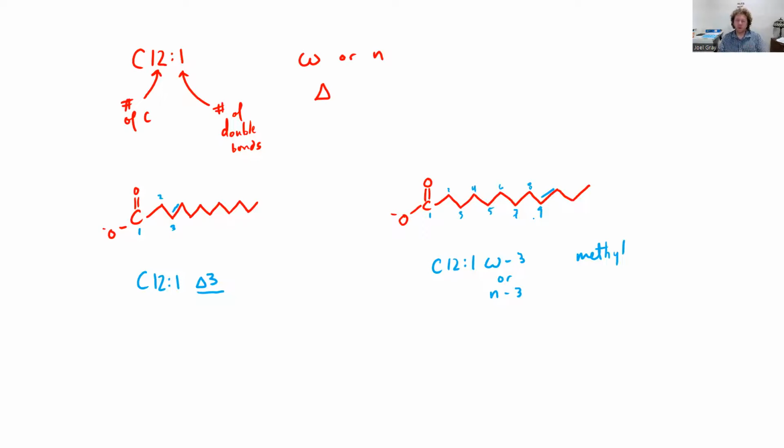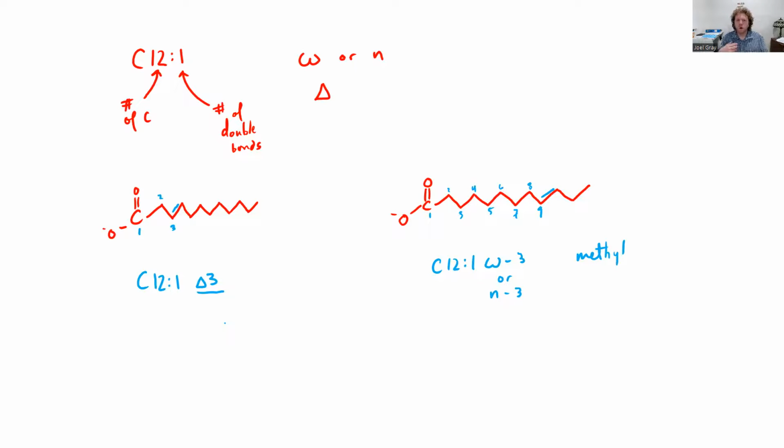So your double bond in an omega-3 fatty acid, or C12 colon 1 omega-3 fatty acid, has a double bond between carbons number 9 and 10. Whereas the delta numbering system has a double bond between carbons number 3 and number 4.